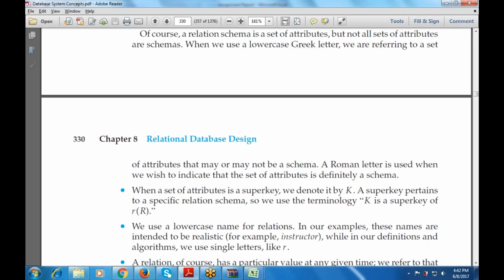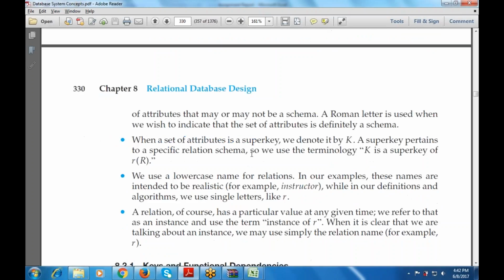When a set of attributes is a superkey, we denote it by K. A superkey pertains to a specific relation schema, so we say K is a superkey of R. We use lowercase names for relations, and in our examples these names are intended to be realistic, for example instructor, while in our definitions and algorithms we use single letters like R.